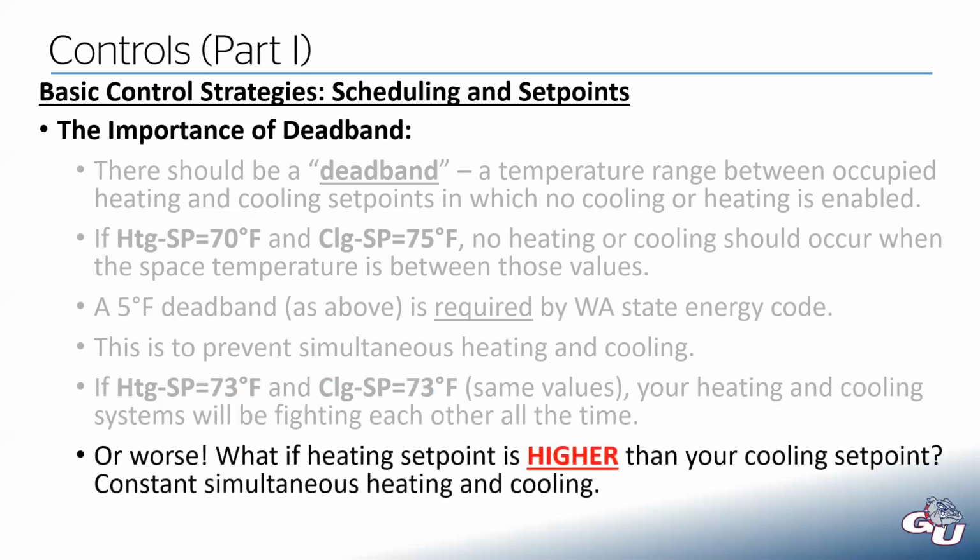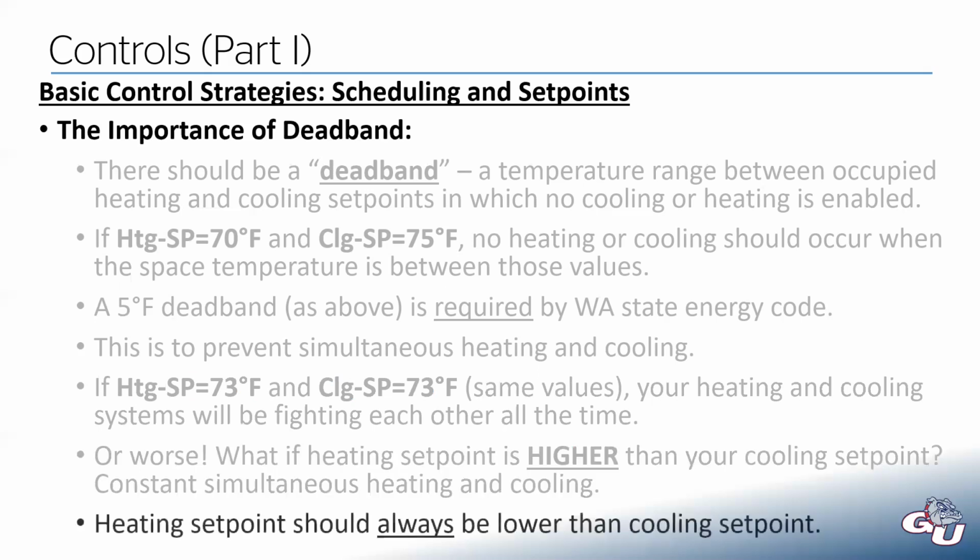Or worst case scenario, what if your heating set point is higher than your cooling set point? Now you have constant simultaneous heating and cooling where your heating and your cooling systems are essentially playing tug of war with each other. So your heating set point should always be lower than your cooling set point.